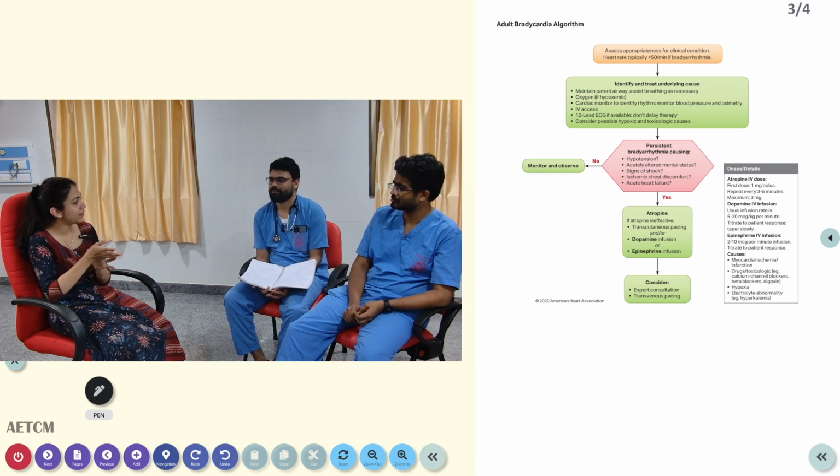But even though we try atropine, there might not be much effect. So this patient will directly go for a pacemaker implantation.